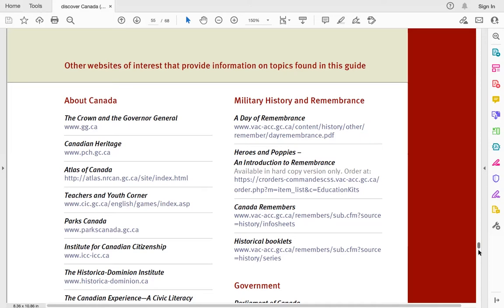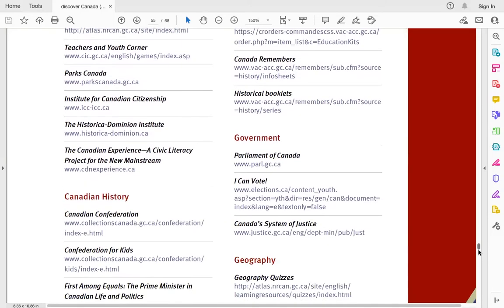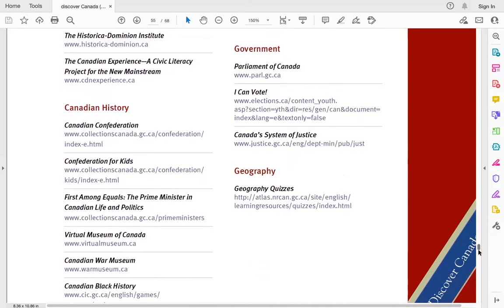Series. Websites about government. Parliament of Canada, www.parl.gc.ca.